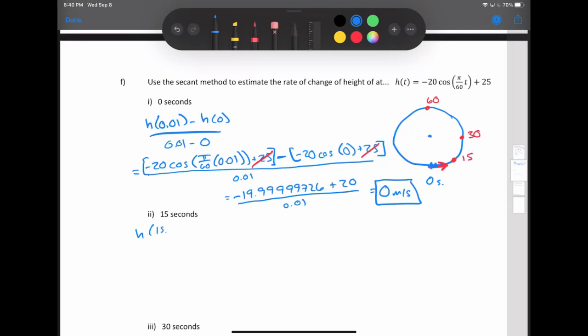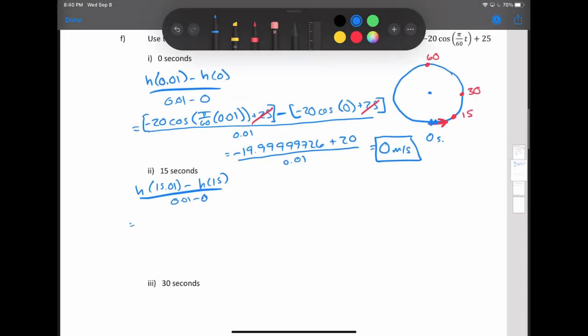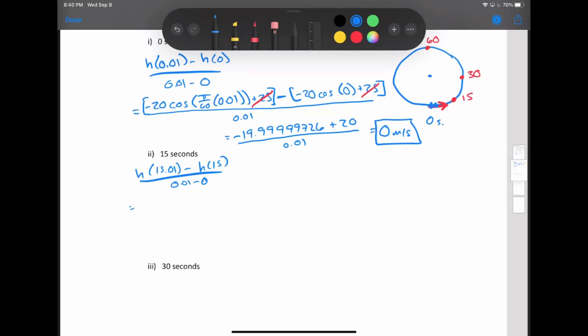So 15.01 minus h at 15 over 0.01 minus 0. That's going to be that same big nasty equation again. At least this time we don't have the Ferris wheel diagram, so we've got a little bit more room.